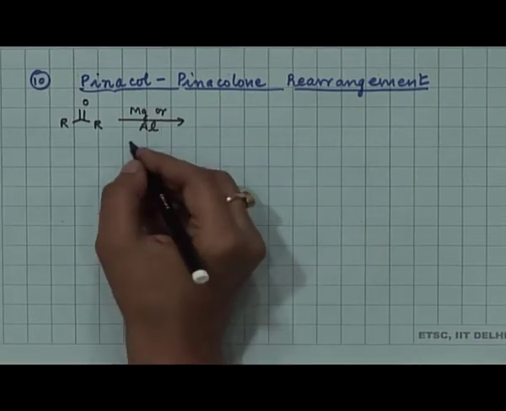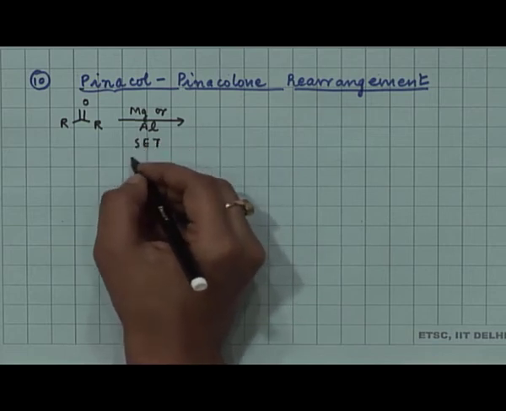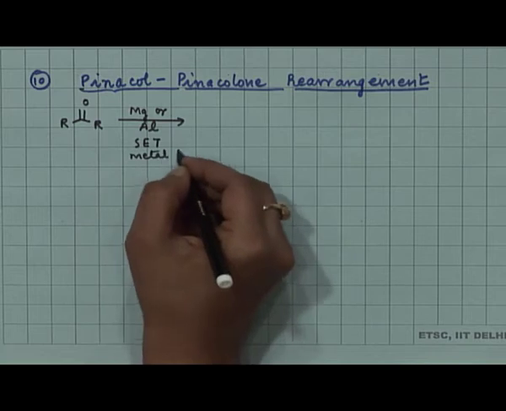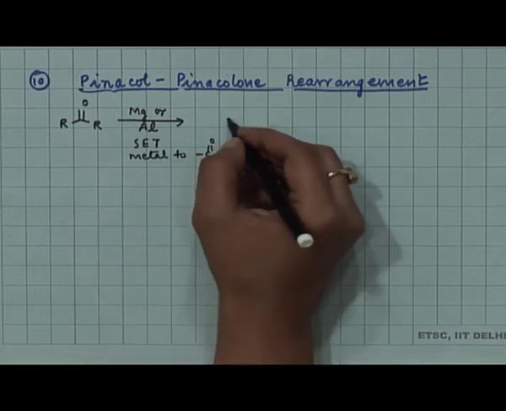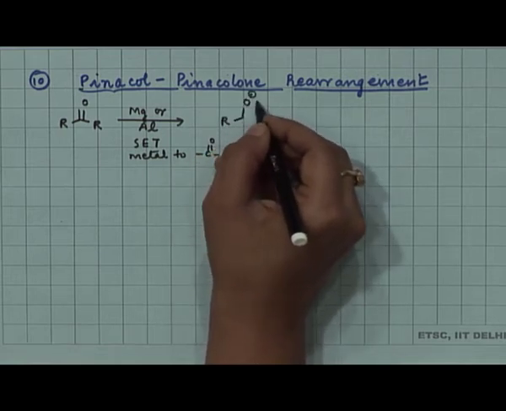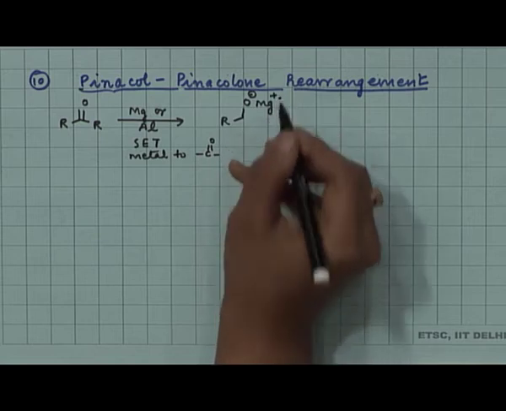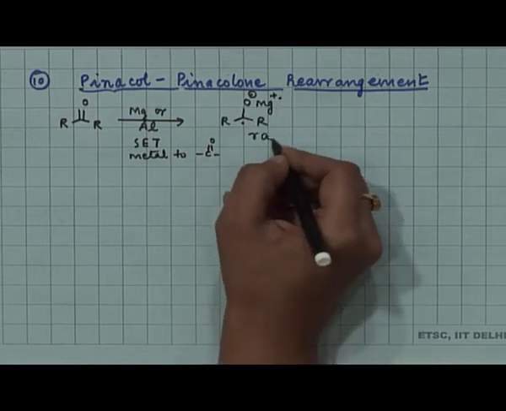In this first step, there is a single electron transfer from the metal to the carbonyl, which results in the formation of this radical anion.